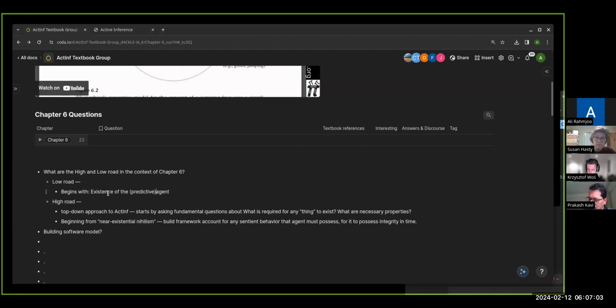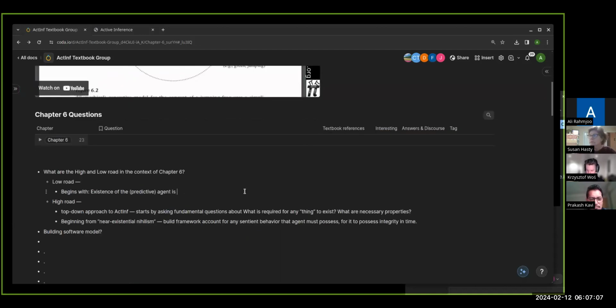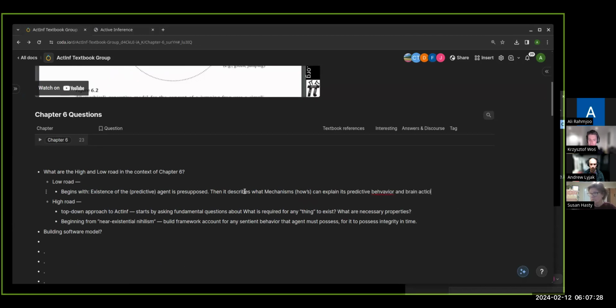And then it begins to formulate or describe what kind of mechanisms it can realistically use to describe its predictive behavior and its brain activity, or rather the way that the brain constructs the inner model, or in other words, its generative models.